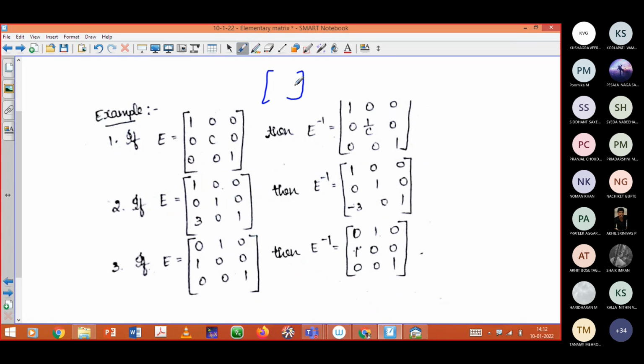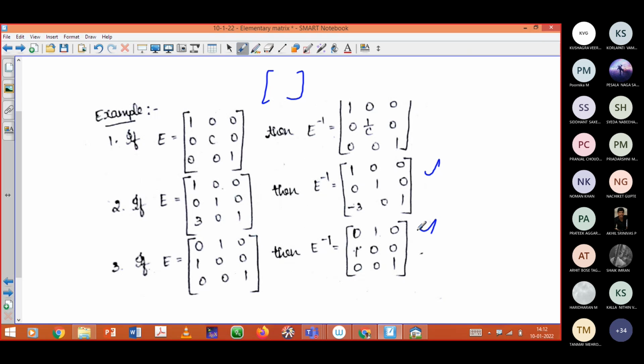There you need to convert that term to 1 by C, then if you apply the multiplication, you get the same identity matrix. In the same way, they have given another two examples.